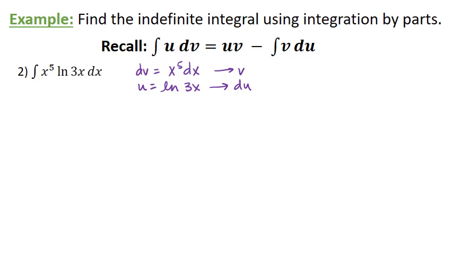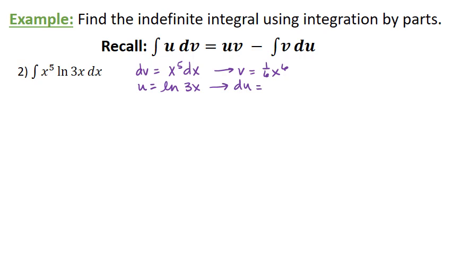So if we have identified these, we can find v. V is found by integrating this. If I integrate this, I get 1/6 x to the 6th. On the other hand, if I'm given u and I want to find du, I need to find the derivative of this.